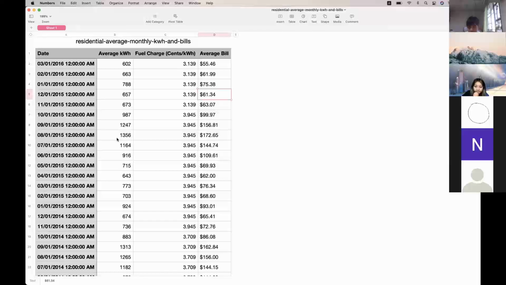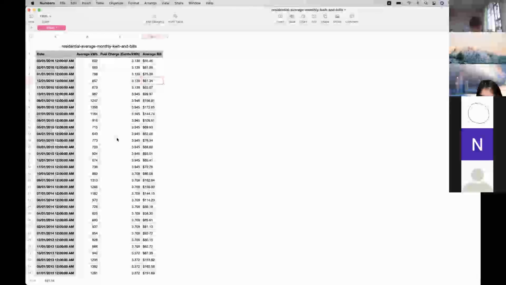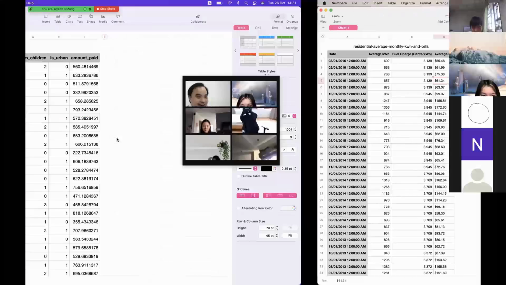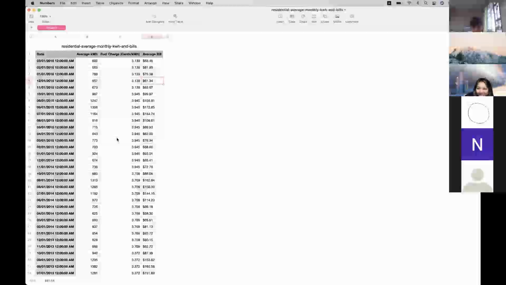In other words, you don't need any kind of machine learning unless you just want to predict. Let's say the electricity authority is not transparent and doesn't give you how the bill is charged. So you want to model column D as a function of column B or something like that.